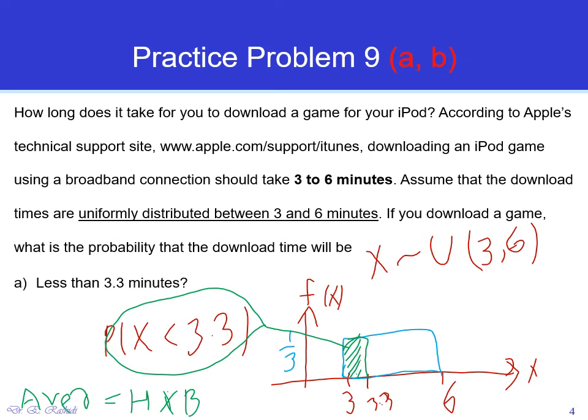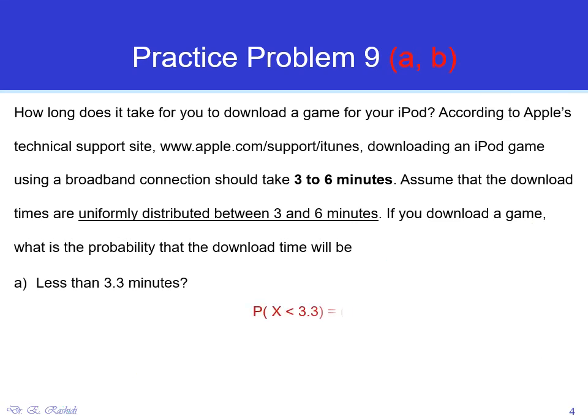Height here is 1/3, and base here is 3.3 minus 3, which is 0.3, multiplied by 0.3. So that gives us the probability, which is 0.1.